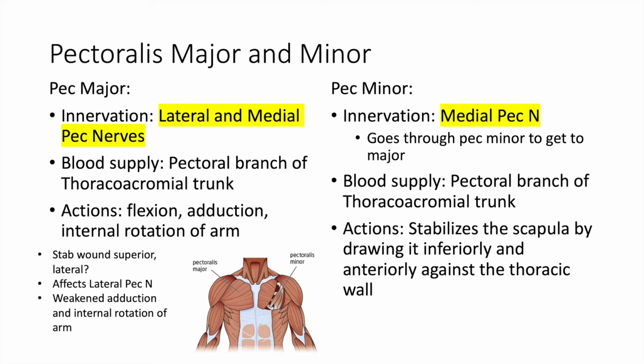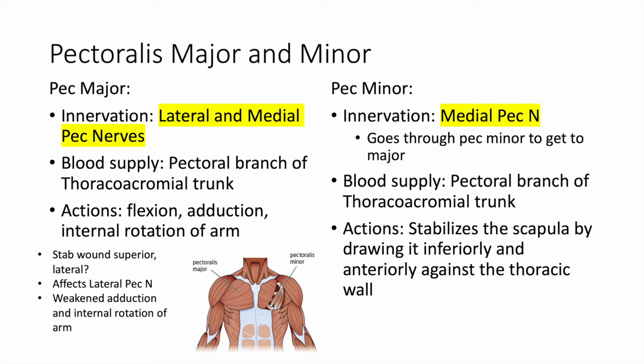And that's sort of hard to remember. Okay, is it medial or lateral that pierces it? But if you look at it, the pec minor is more medial than pec major. And so that lateral pectoral nerve just goes straight to pec major.